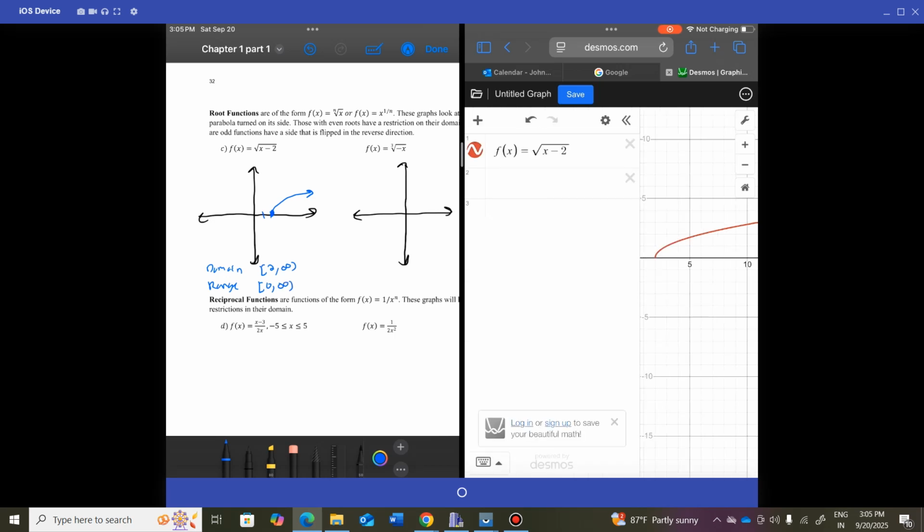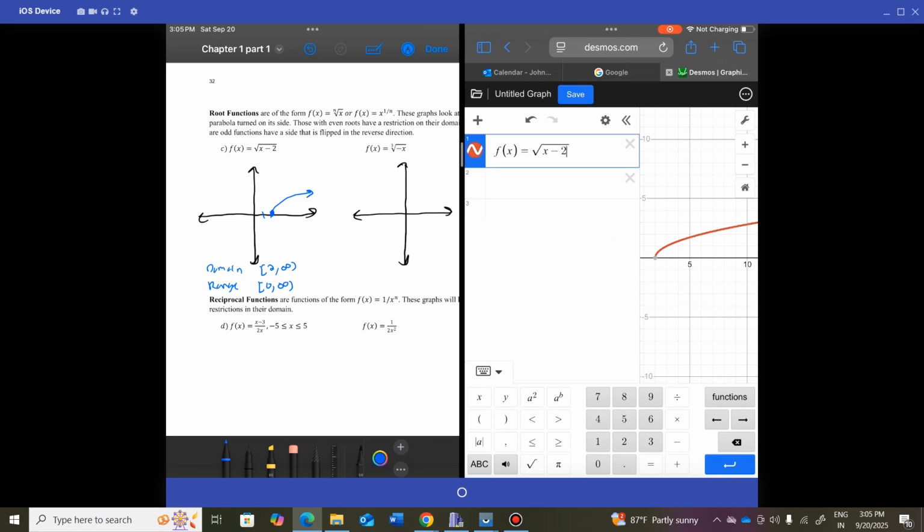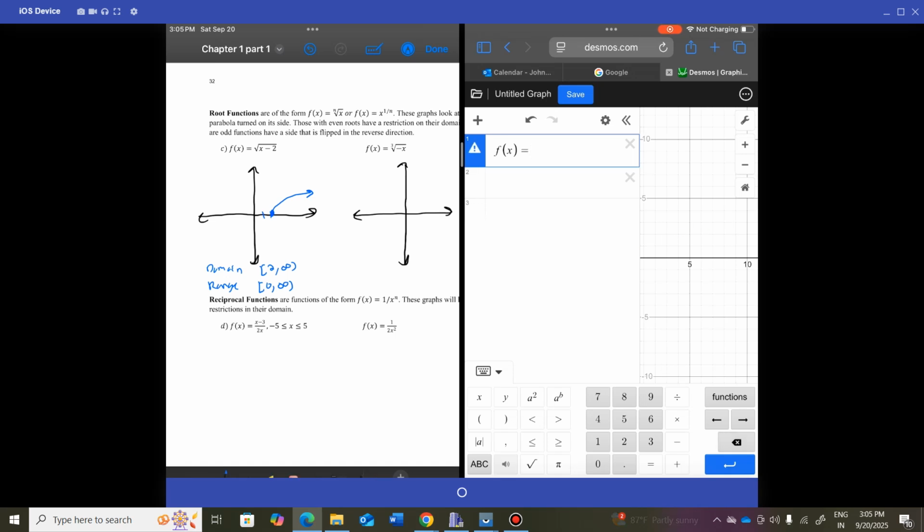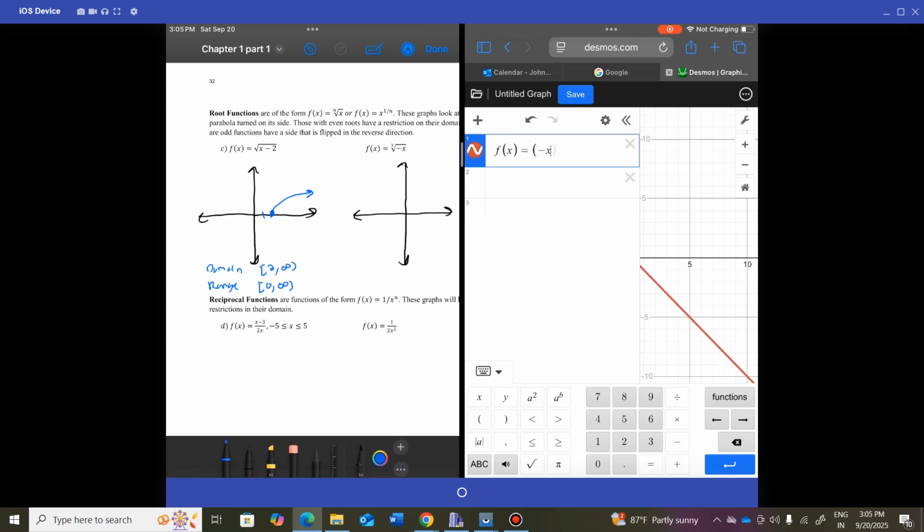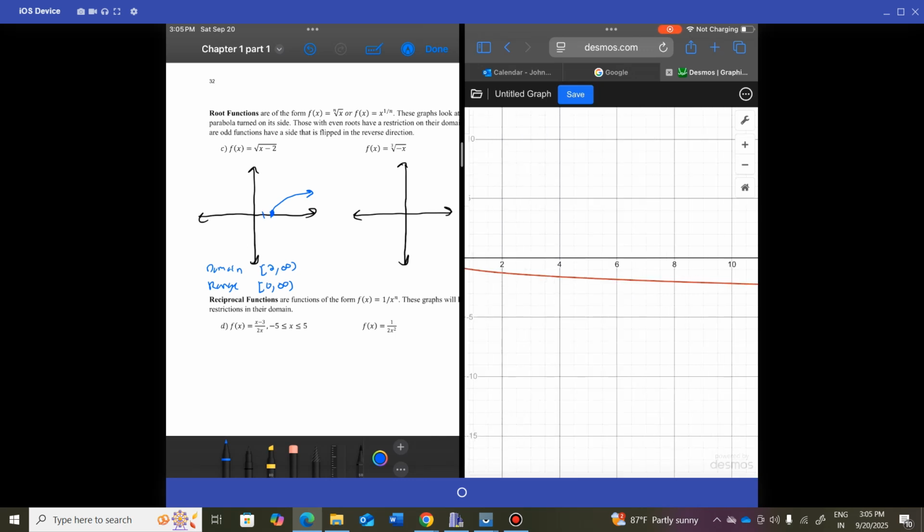The next one, let's put in the cube root. I'll just do x. Actually, it'll be negative x, so I'm going to do parentheses negative x raised to the 1/3 power. And that gives us the cube root.